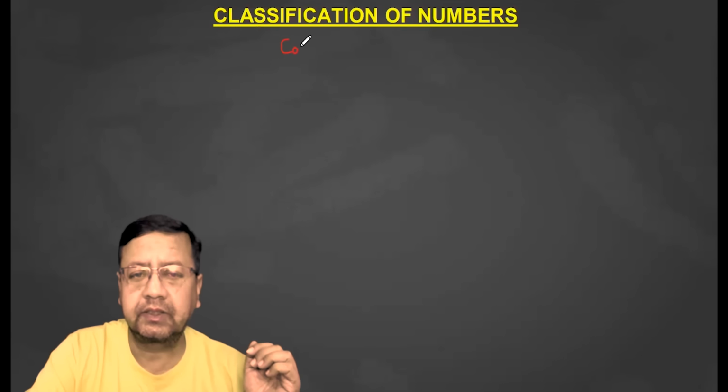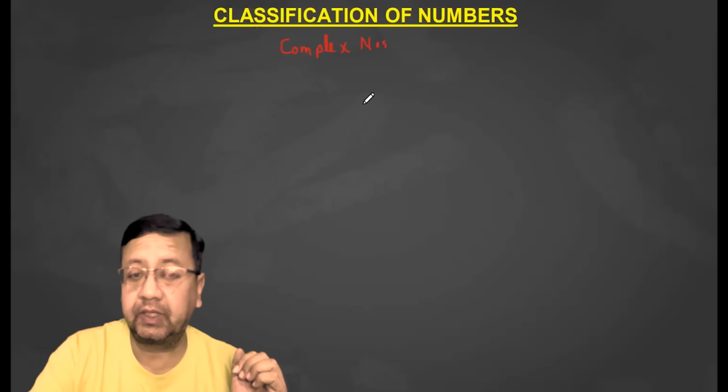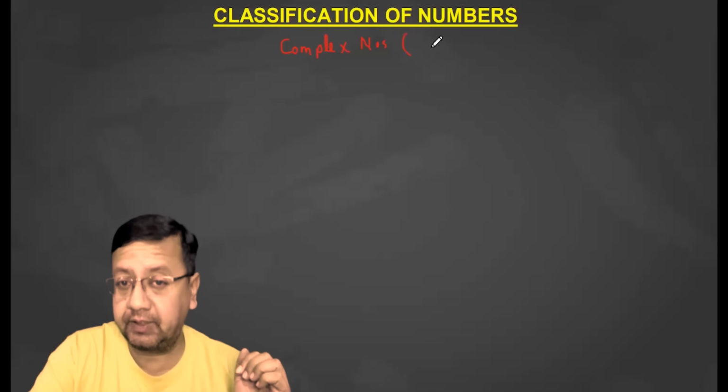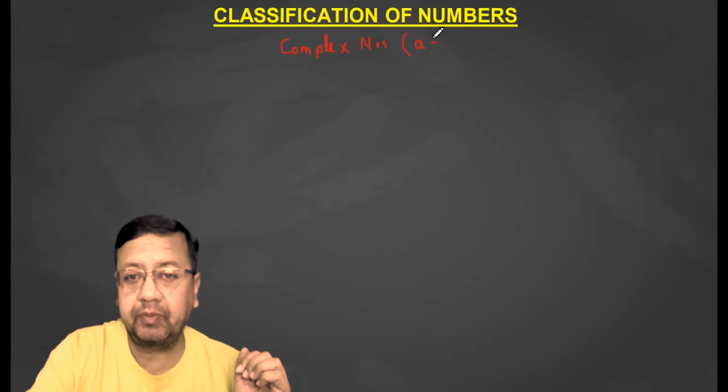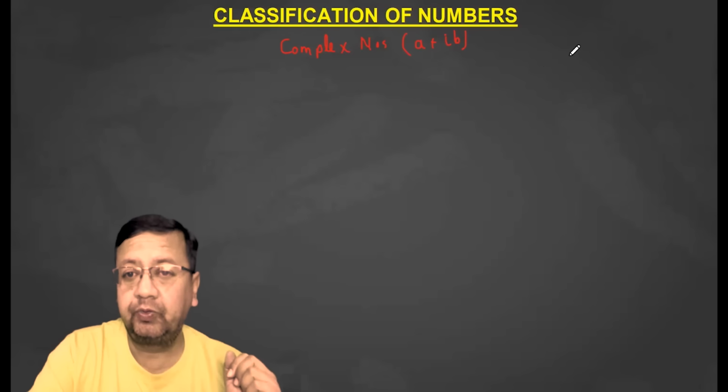Yes, complex numbers, absolutely correct. Complex numbers are defined as A plus iB, where i is iota, and the value of i is the square root of minus 1.